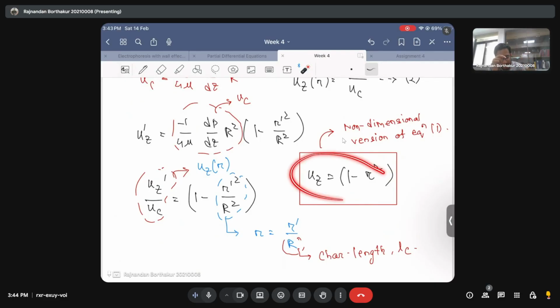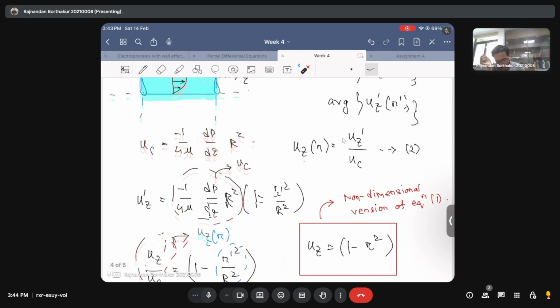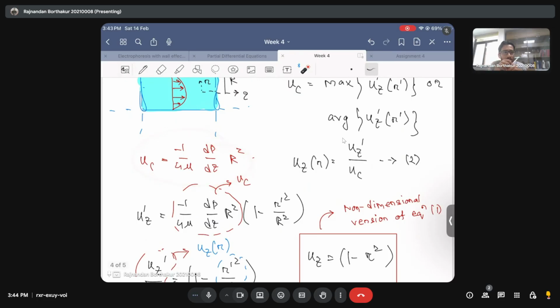That is already embedded in this characteristic velocity uc. If I have a different fluid, my characteristic velocity will change because mu will change, because the viscosity might change. Let's say we are going from water to glycerin, this mu might change, so this characteristic velocity will change.